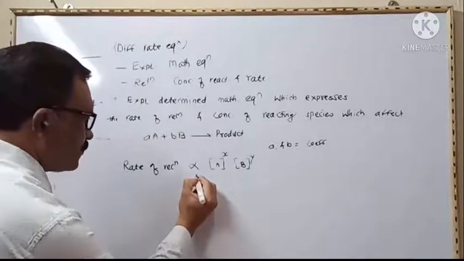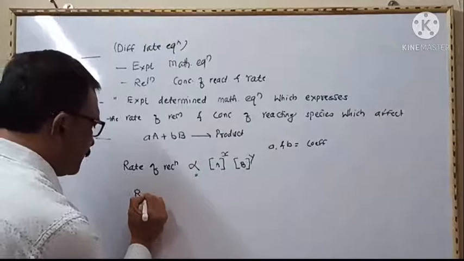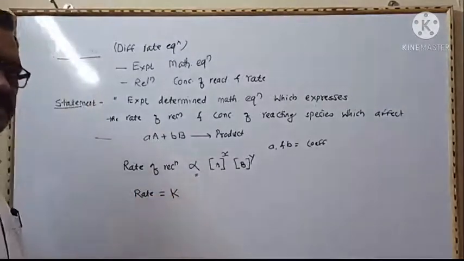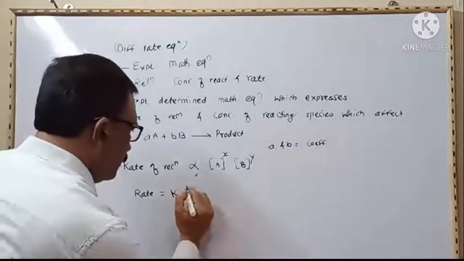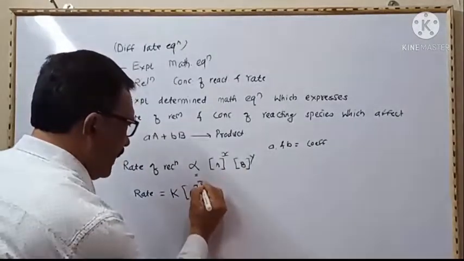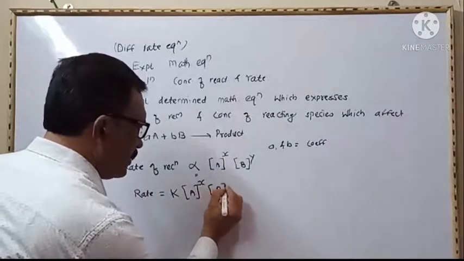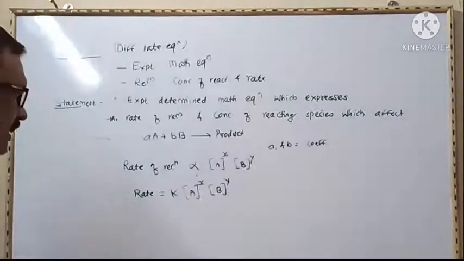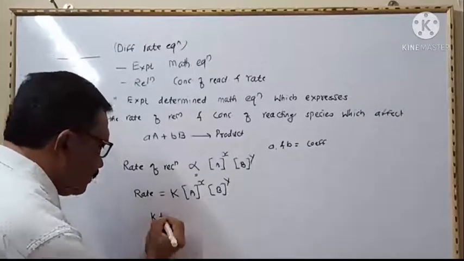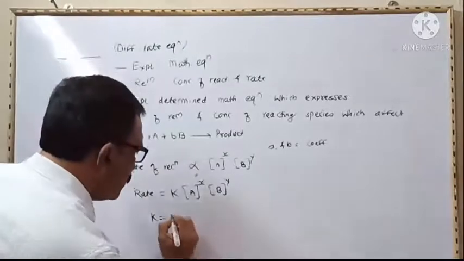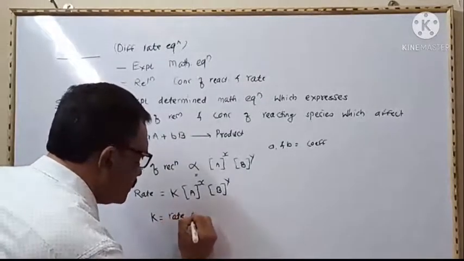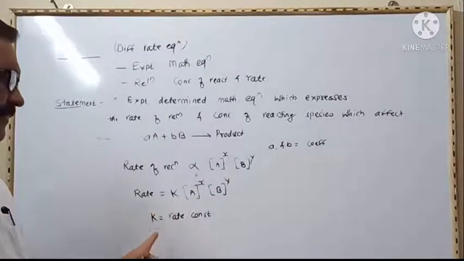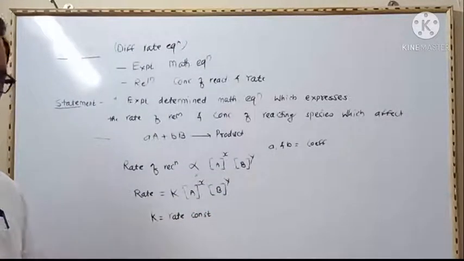After removing this proportionality sign, the rate of reaction is equal to a proportionality constant capital K into concentration of A raised to x into concentration of B raised to y. Okay? Where K is a proportionality constant known as the rate constant. Capital K is a rate constant.